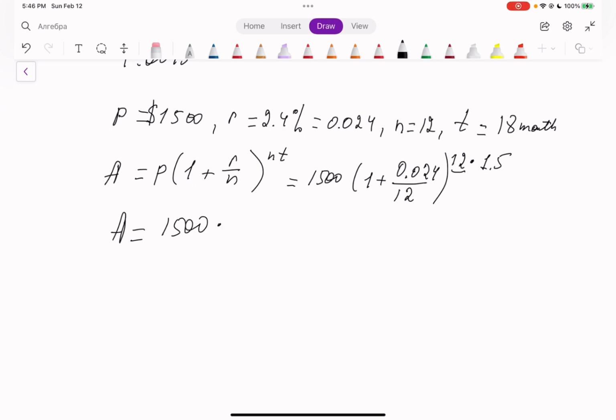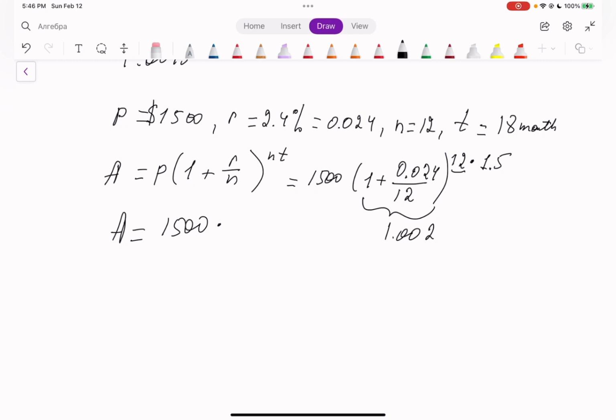1500 times. So what do we have? 0.024 divided by 12, got 0.002 plus 1. I'm getting 1.002.